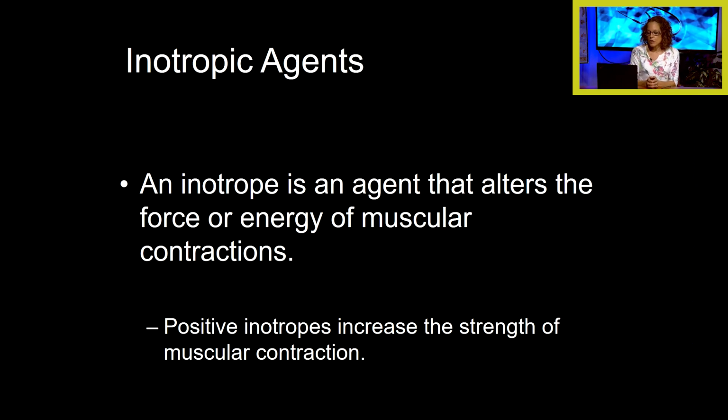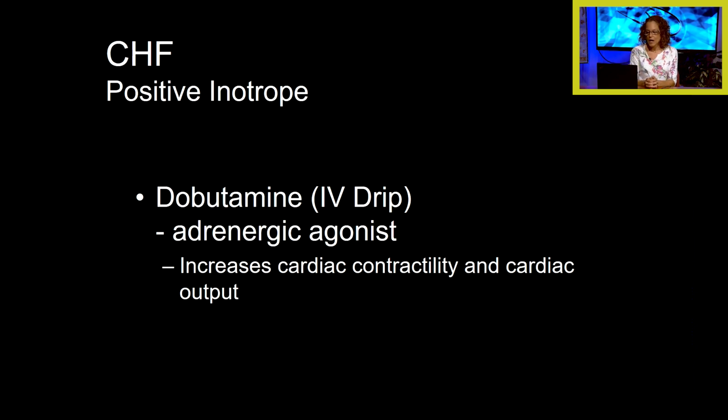Inotropic agents are important in the treatment, and an inotrope is an agent that alters the force or energy of muscular contractions. Positive inotropes can increase the strength of muscular contraction, and so that's going to be good for our heart. A positive inotrope like dobutamine, an adrenergic agonist, can increase cardiac contractility and cardiac output as a result.